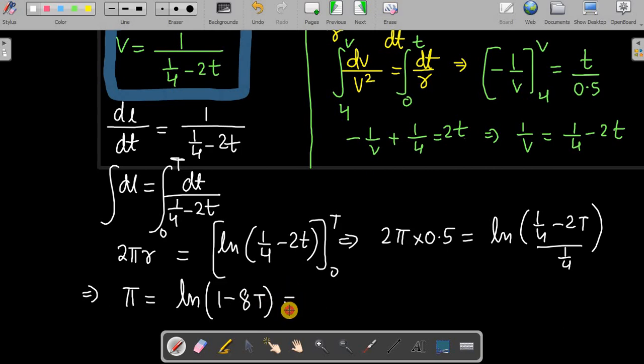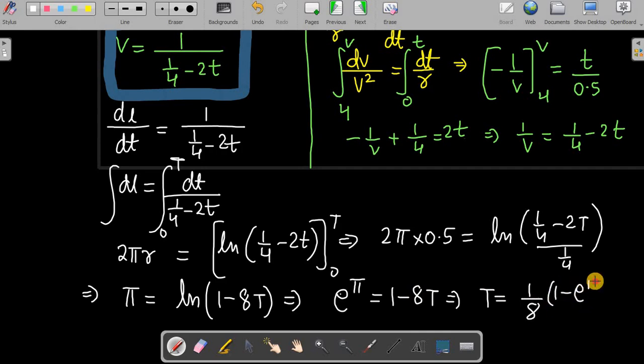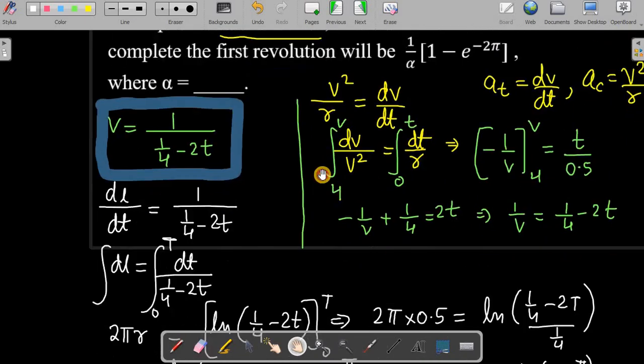So then you can write e to the power pi is equal to 1 minus 8t. So from here t will be 1 by 8 times 1 minus e to the power pi. Correct? Let's check the answer.